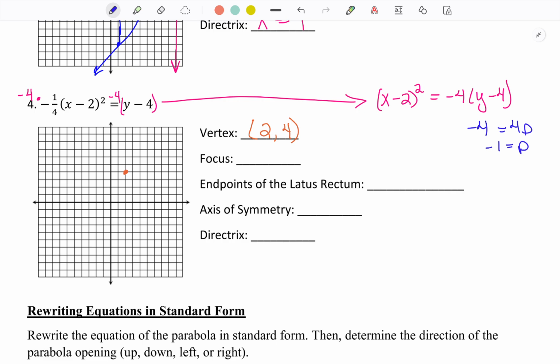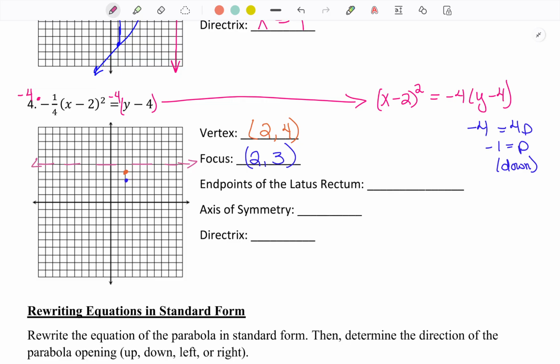So we are going to open down. So our focus is going to be 1 unit down from the vertex. So that is going to be 2, 3. And then our directrix is going to be 1 up. So there's our directrix.